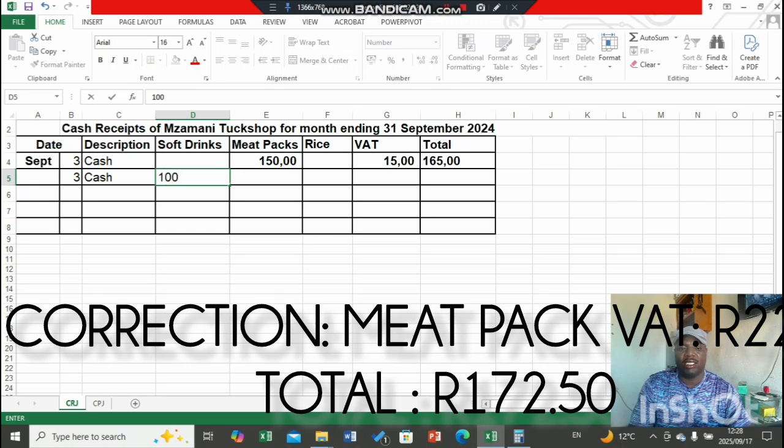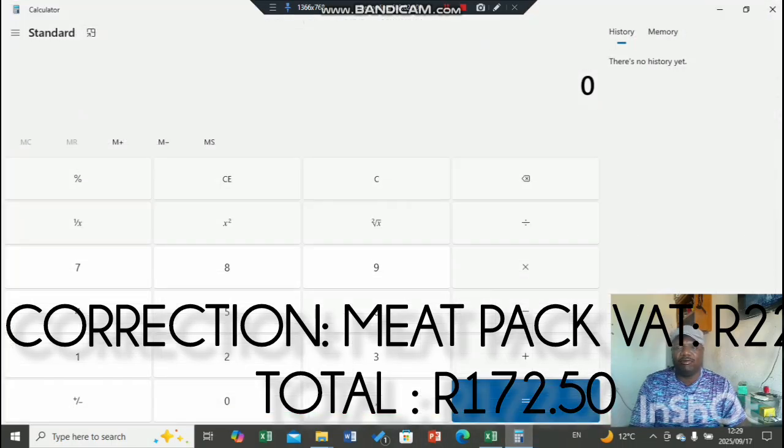Suppose the soft drinks that he is buying total 100 rands, and you need to charge him VAT as well. 100 rands plus 15%. How much is it going to be? No, I think I've got 150, 15% of 10%. Hey, be careful with calculations. Mistakes can happen.